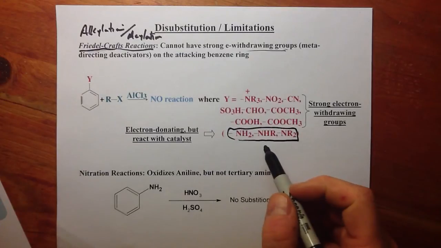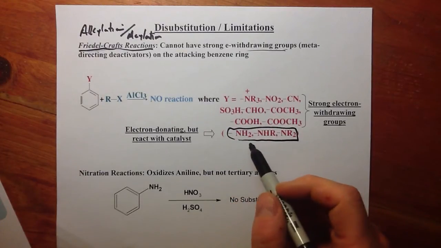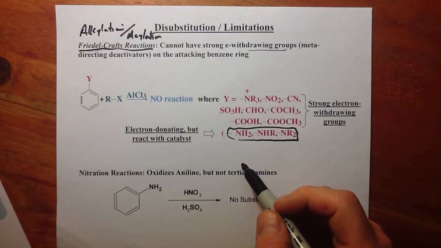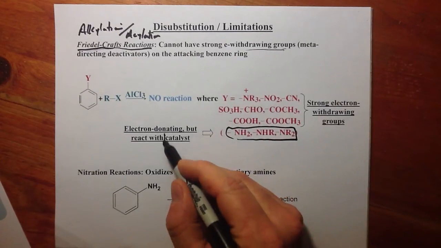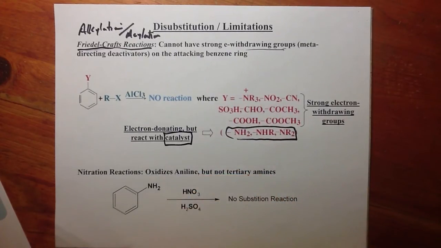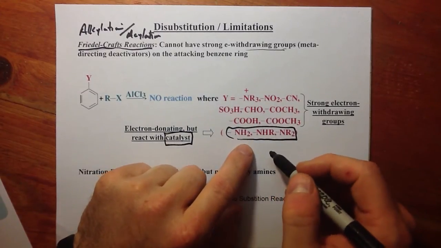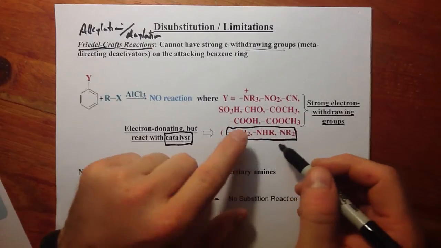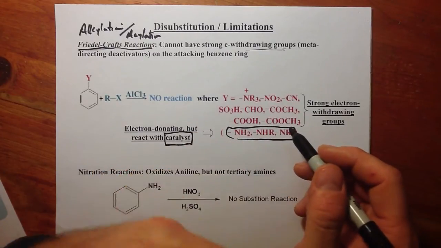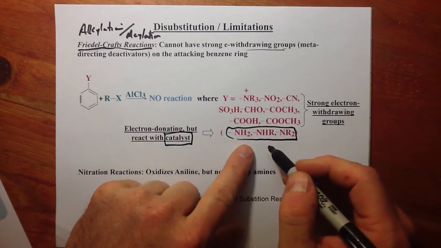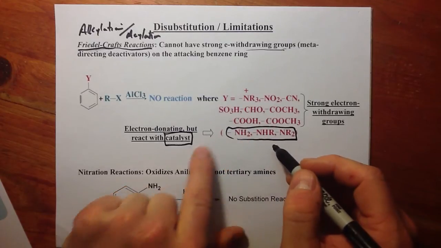They're too strongly reactive to donate to the ring, and that reactivity can be used towards the Lewis or Bronsted acids. They can react with the catalyst. So we tend to have to change their structure, as you may see in class, to make an acetanilide or some sort of derivative of an amine. They're just too reactive with the catalyst.